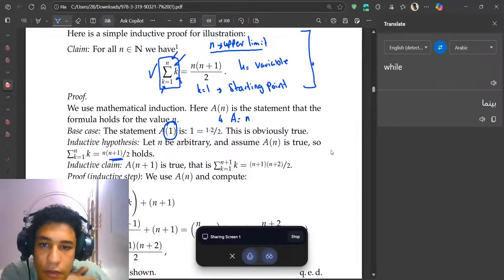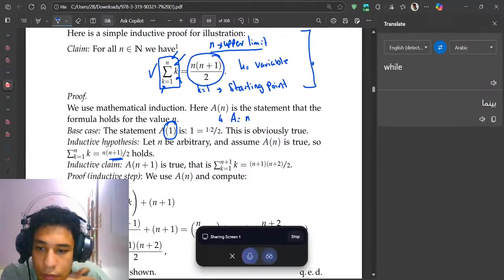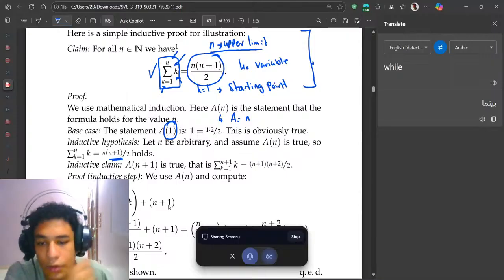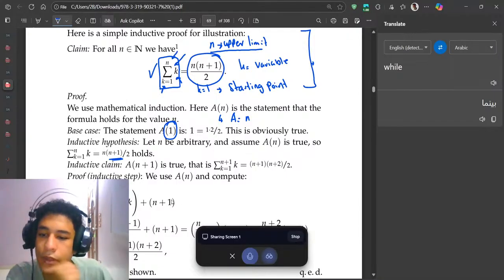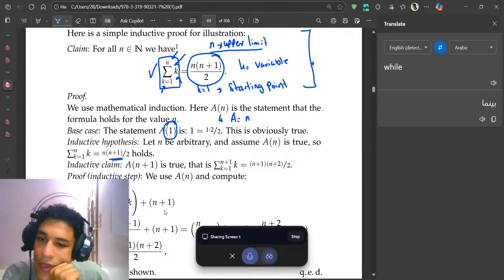Then I can replace this equation with this notation. So basically I will say that this equals this plus n plus 1. But hold on, where did the n plus 1 come from? Oh, is the n plus 1 like the addition?